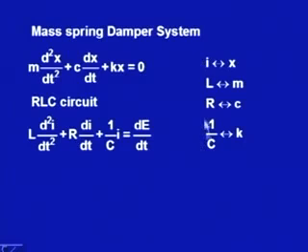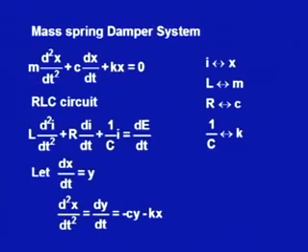I mean to say that whatever the effect of k in the mass spring damper system, the same effect is observed by 1/C in the RLC circuit. Whatever effect c has here, the same effect R has in the RLC circuit.